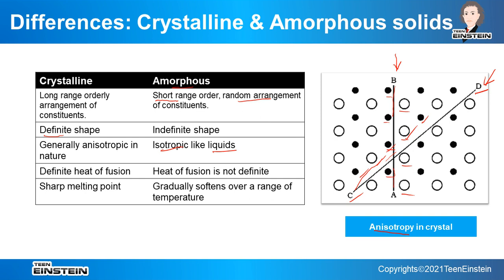It is because though there is random arrangement, as a whole, that is if we consider the whole structure, the irregularity is present everywhere. So overall it cancels each other. So as a result, the property becomes similar in all directions.